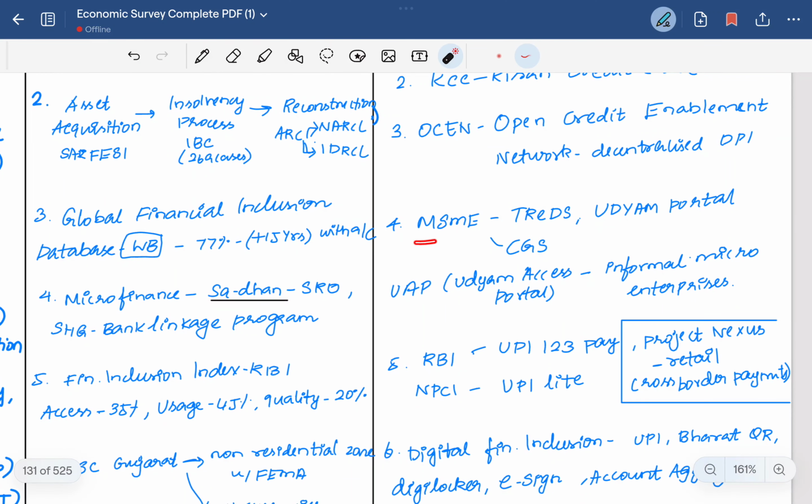Then for the MSMEs, the Trade Receivables Discounting scheme, along with the Udyam portal, which is for the registration and the free flow of the MSMEs.